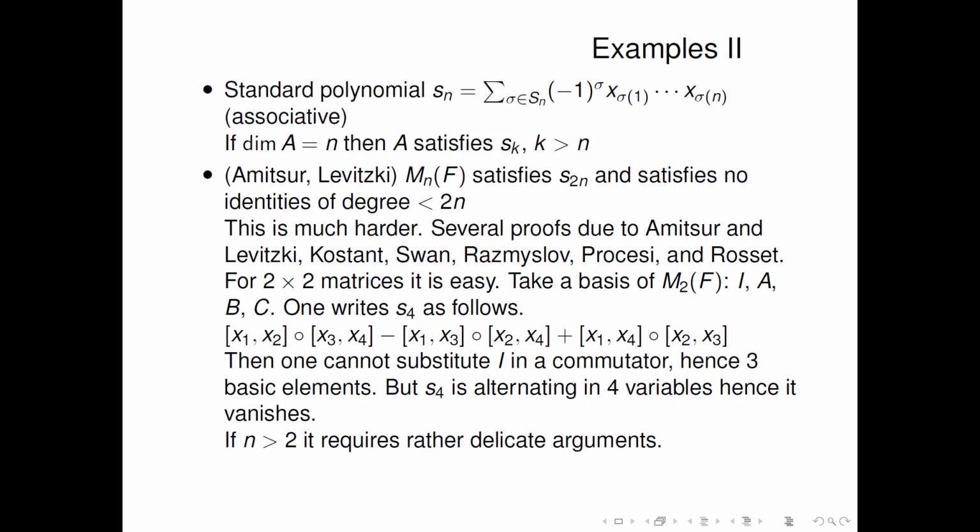Then Swan gave another proof using graphs. People from group theory, when dealing with ring theory, use some other methods of graph theory. Then Razmyslov, then Procesi gave another proof, and finally there was another proof by Rosset. Rosset was, I think, the last PhD student of Amitsur.